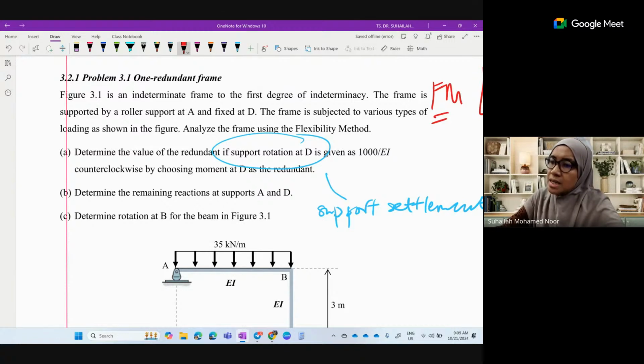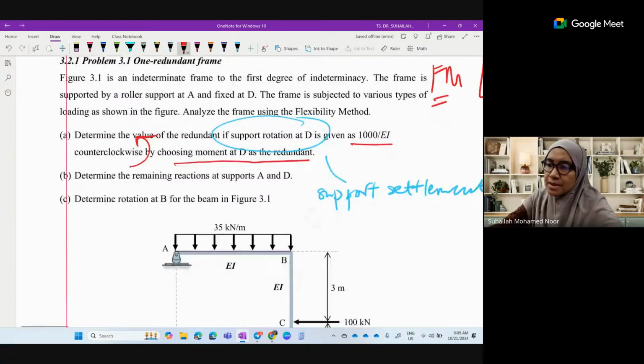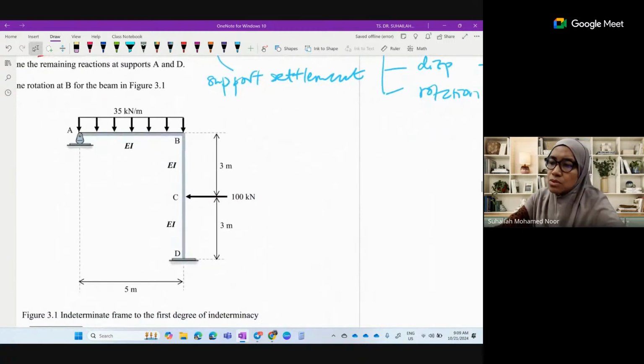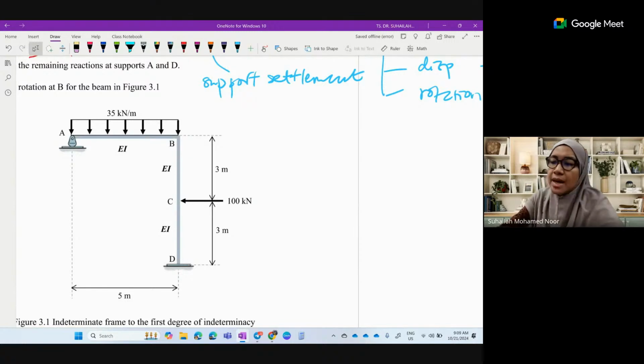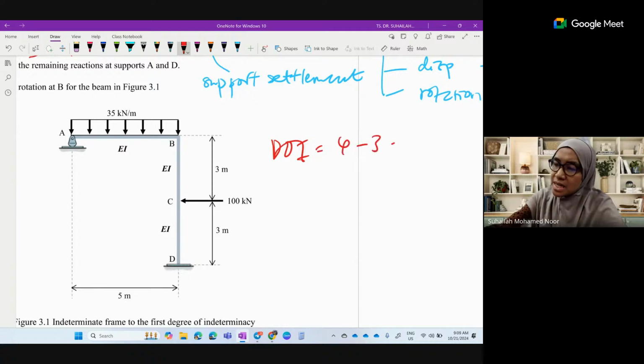Support rotation is given as 1000 over EI and it is acting counterclockwise. Choosing moment at D as the redundant. What's the difference between this and the previous beam example? Nothing much, because support settlement can also occur in beams, frames and trusses. DOI is 4 minus 3, 1.